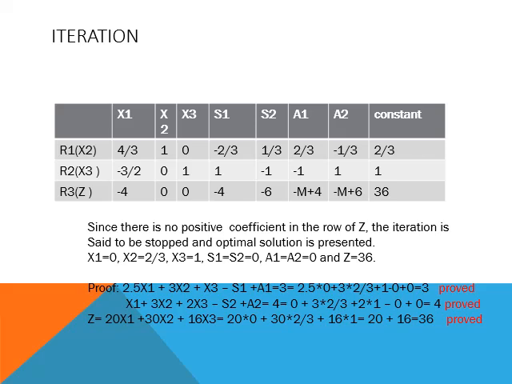Okay, the last iteration, table 4 is shown. R1 x1, R2 x3, R3 z.